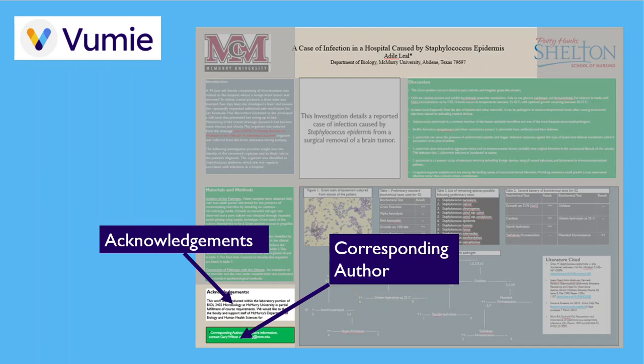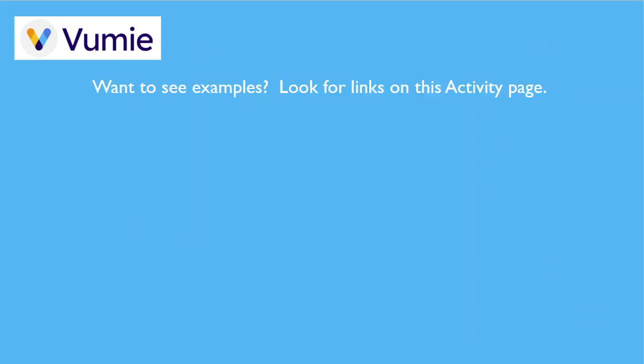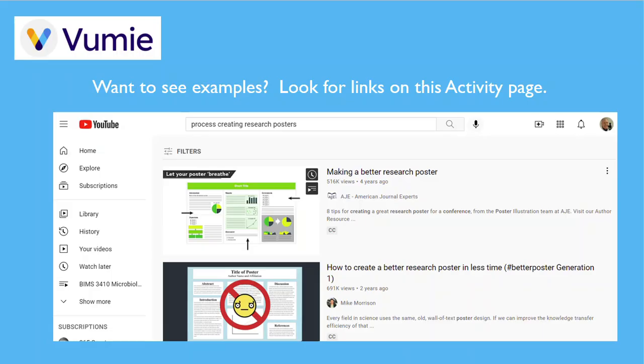To see how this might look, I've provided a couple of sample posters created using VUMIE Online in a real microbiology class. Check them here. Want more examples? Need some pointers? Here are some resources that may help. This one provides templates free of charge.